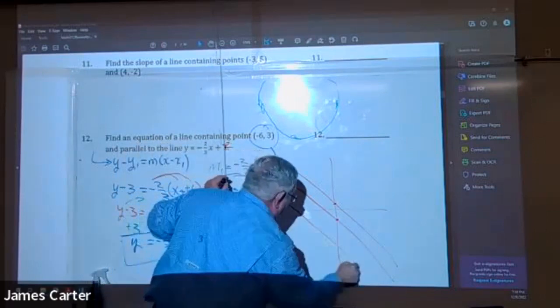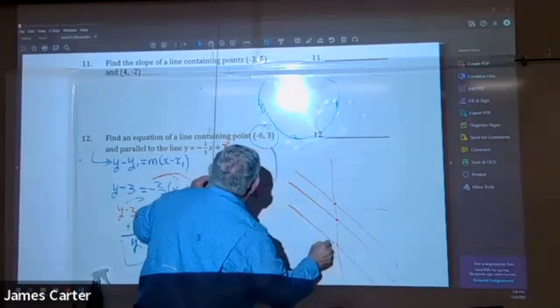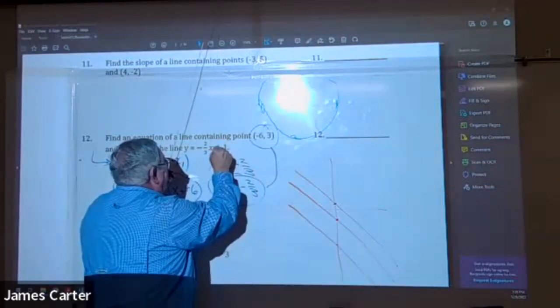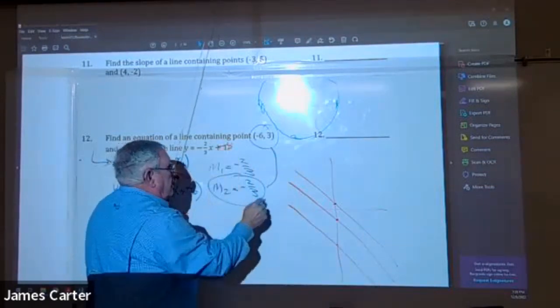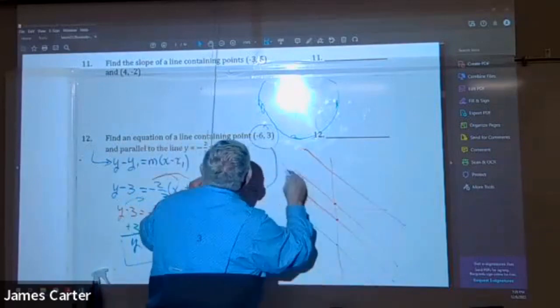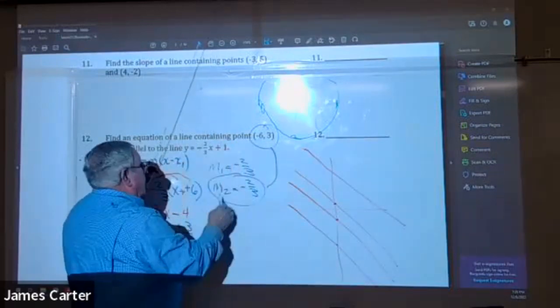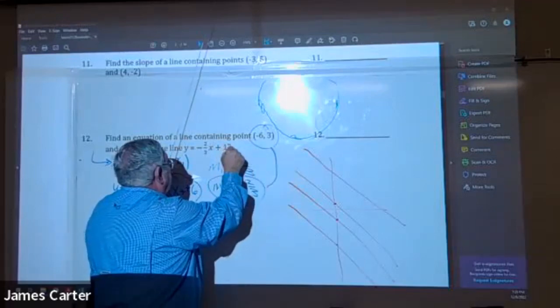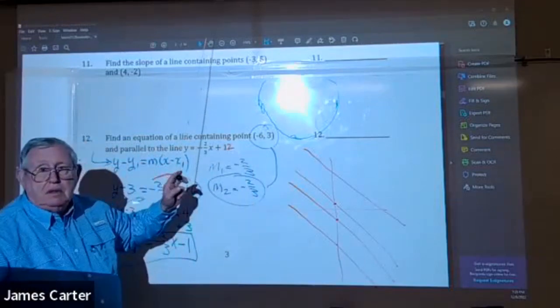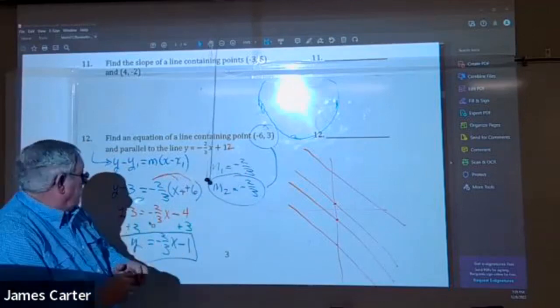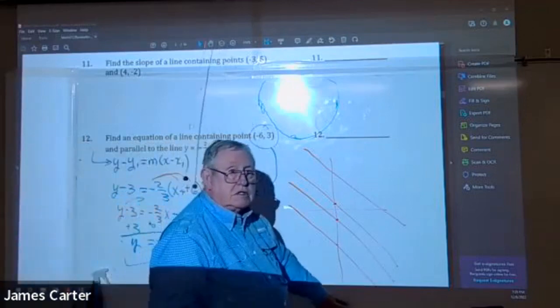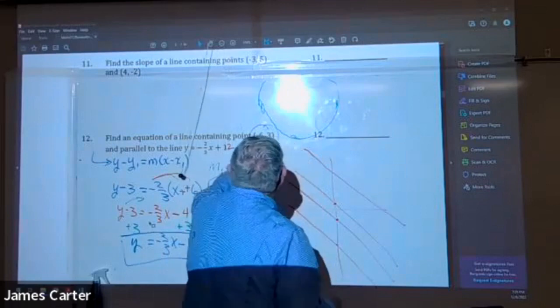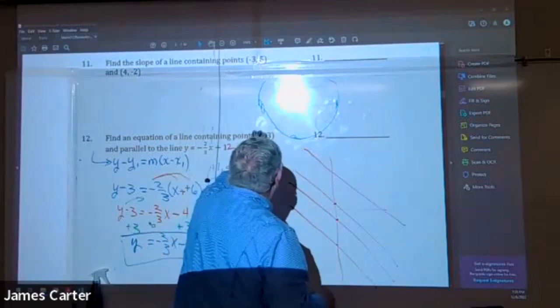If it were parallel right here, I would have like a -8 or whatever it is. If it were up here, this last equation would have maybe a +12, for example. So the ones were just a coincidence.